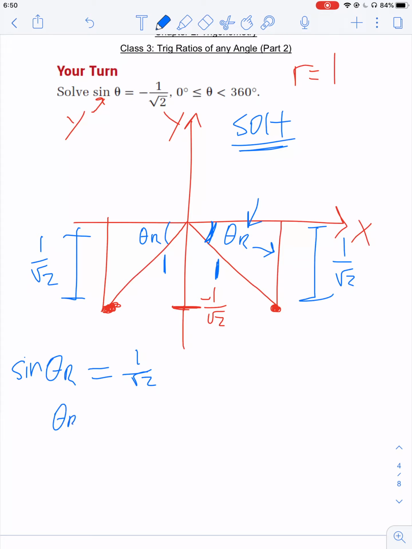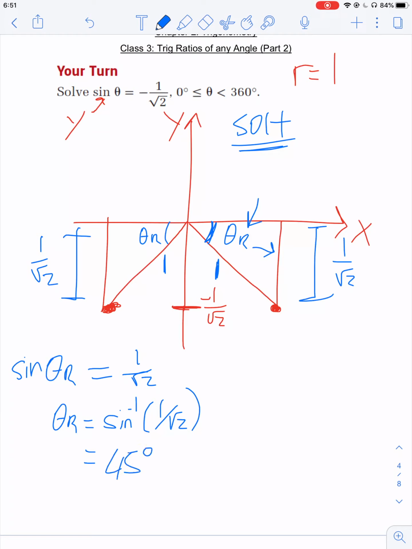So theta r will just equal the inverse sine of 1 over square root of 2. And when you do that, sine inverse of 1 divided by square root of 2, I think it's 45, but let's see. Yep, 45, okay? 45 degrees.